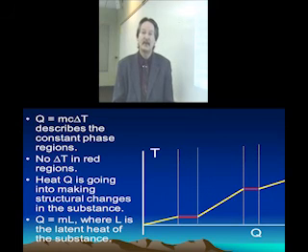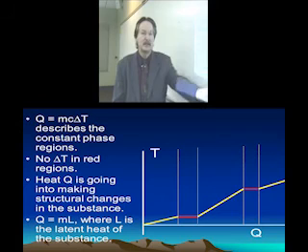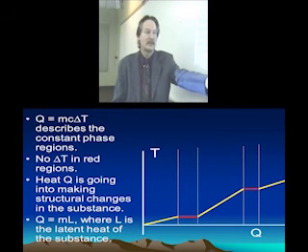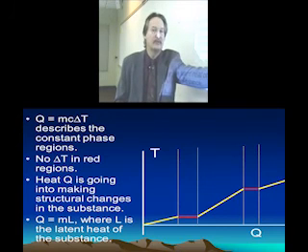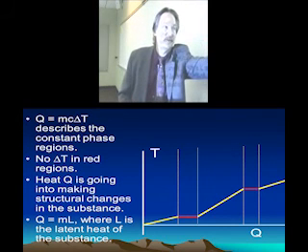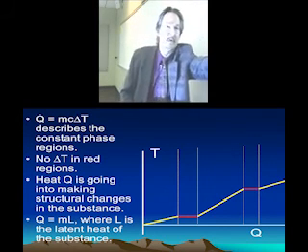How much heat would I have to add? Well, notice there are 5 steps. There's a step where we have to warm up the ice, melt the ice, warm the water, vaporize the water, and warm the steam.